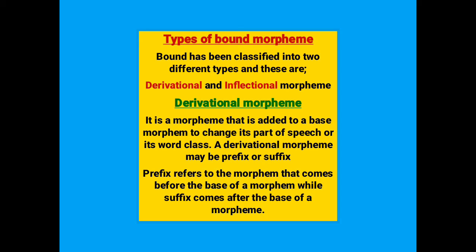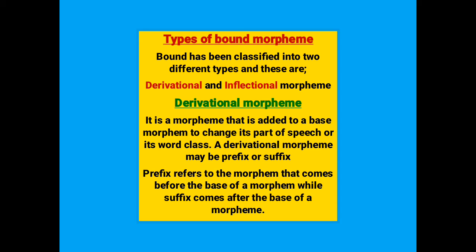Under the bound morpheme, we have classified it into two different types: derivational and inflectional morpheme. A derivational morpheme is a morpheme that is added to a base morpheme to change its part of speech or its word class.